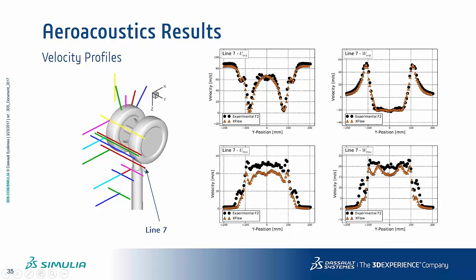Line 7 now is a transverse line, so that's the red line you can see here. And that line is interesting because it crosses through different wakes, wakes of the wheel, left wheel, the right wheel, and slightly the strut as well. So it's interesting to see this profile. So we can see here the U component is very well matched, so we see really this high velocity out on the ends of the line, which is basically almost the free stream velocity.